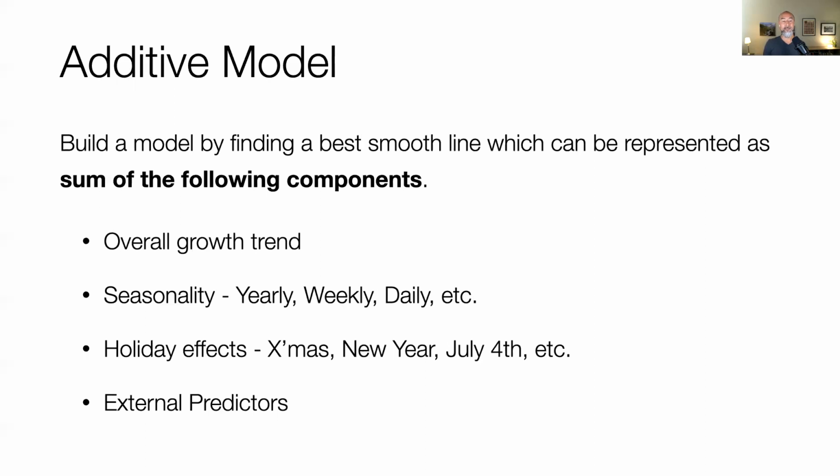And if you have an external predictor, which I'm going to talk about a little later, it looks at the trend of those too. Using this information, the goal is to fit the curve to the original data by summing these four components to draw the line, and make sure that line fits the original data as much as possible.